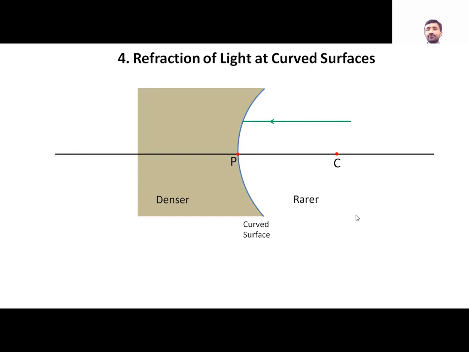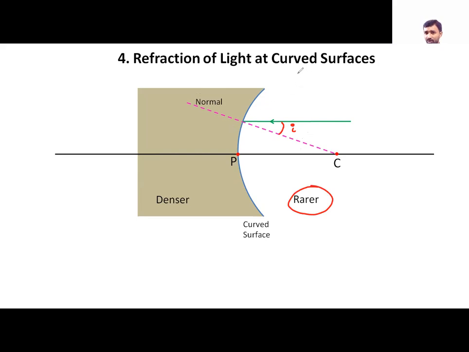Then how does it behave? Connect the center of curvature with the point of incidence, called the normal. Then assume the angle of incidence here. Then what happens? Rarer to denser.